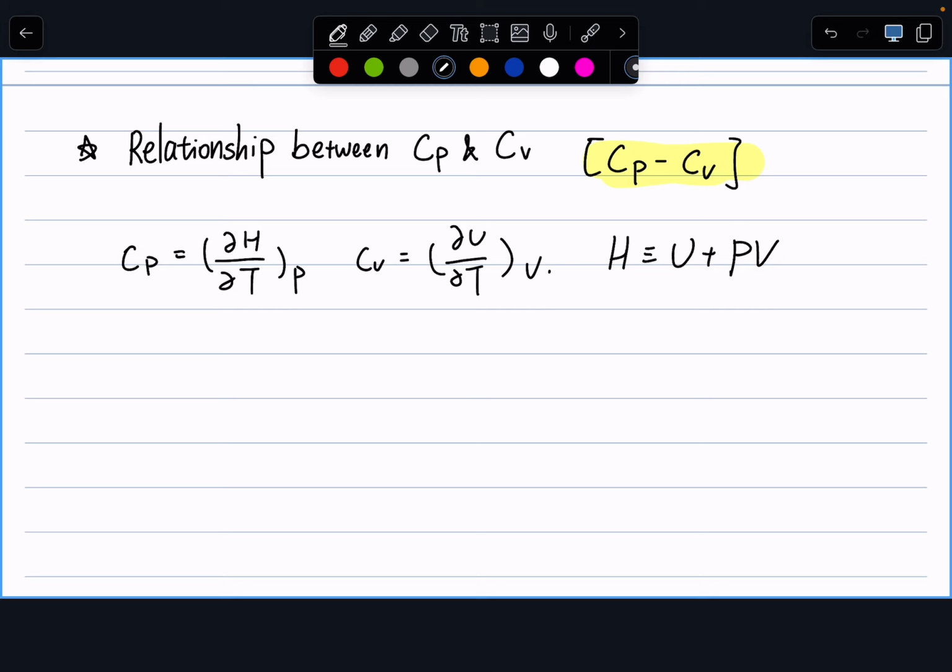This is the same. So we end up having the relation as p plus this one, du over dv at constant t, times dv over dt at constant p.